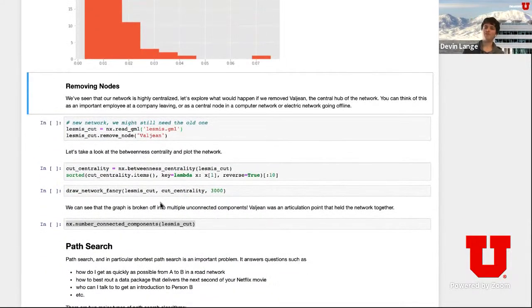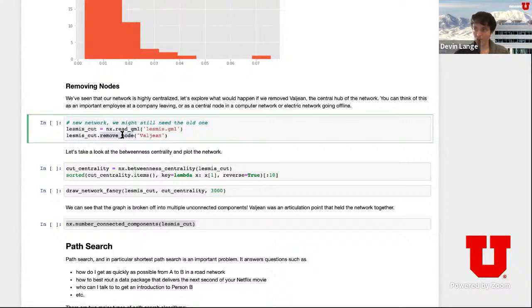Another way that you can think about the importance of a node is by removing it from the structure and seeing what the effect is. In NetworkX, if you want to remove a node, you call the remove node function.